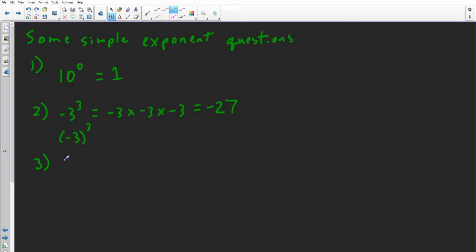So example 3, we're going to do negative 4 squared. So that's just negative 4 times negative 4, which is equal to 16. But if you were to put this into your calculator without using brackets, it would do this. It would say negative 4 squared is equal to negative 4 times 4, which is equal to, and your calculator would say that that is negative 16, which is not true.